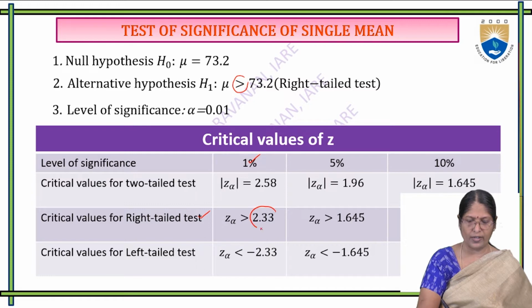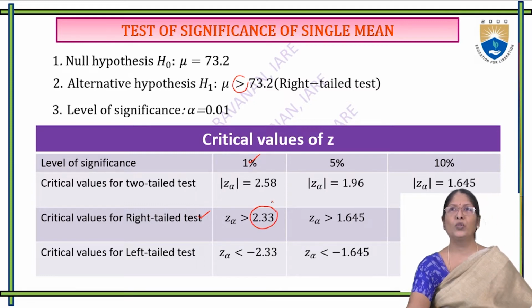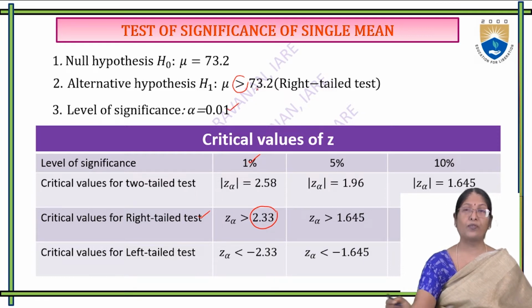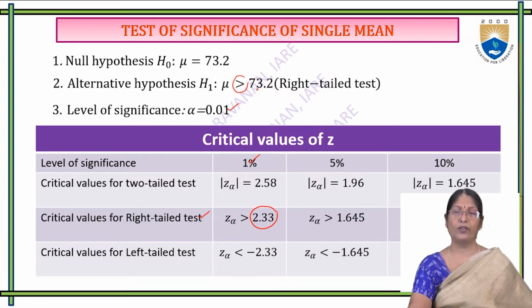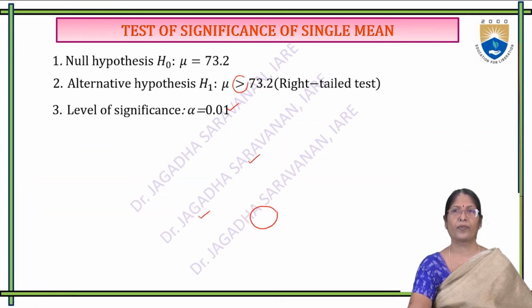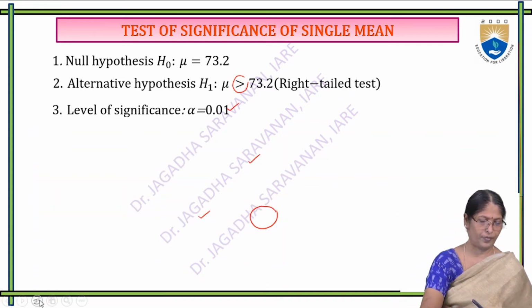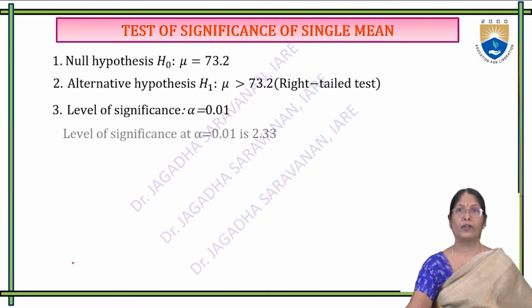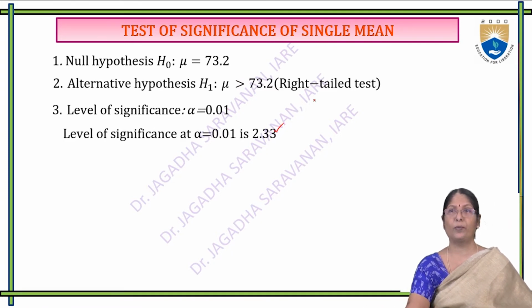So this data is to be selected. 2.33 is the tabulated value for our level of significance 0.01. So this is what we obtained from the table: 2.33.